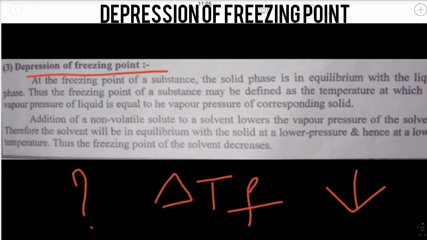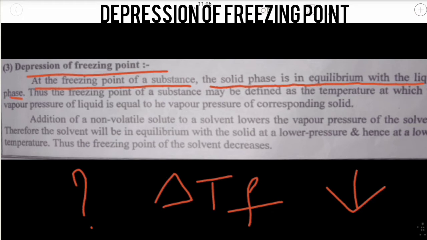The freezing point of a substance may be defined as the temperature at which the vapor pressure of the liquid becomes equal to the vapor pressure of the corresponding solid. At the freezing point, the solid phase is in equilibrium with the liquid phase.